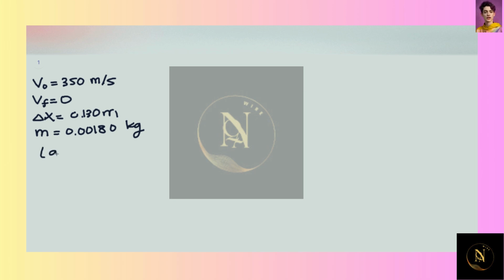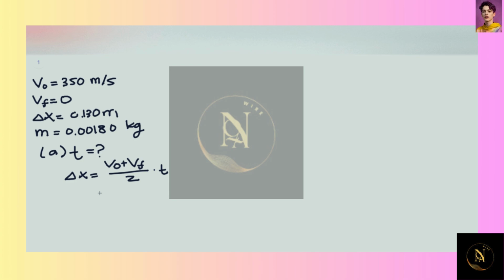So part A is asking us what time interval, or how long did it take to do this. Because we don't know what the acceleration is, we're going to use the kinematics equation that ignores acceleration. That's finding the average velocity and then multiplying it by the time interval.